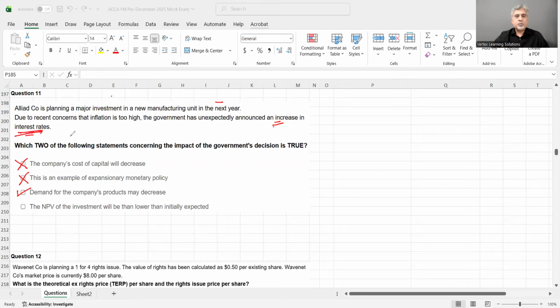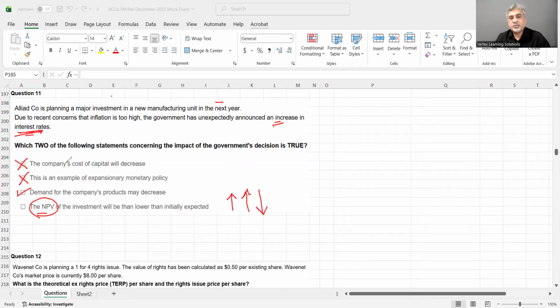Okay. So demand for the company's products, this is a general perception that whenever interest rates go up, the demand in the economy will go down. So that is true. The NPV of the investment will be lower than initially expected. Why is NPV lower? Because interest rates will go up, your WACC will go up, and when WACC goes up, NPV goes down.